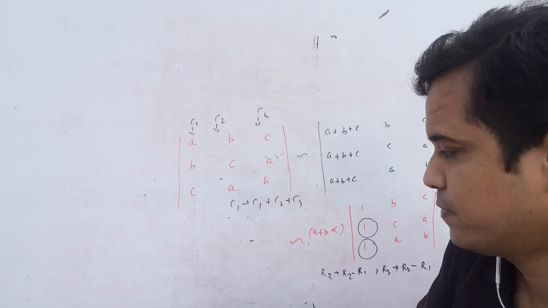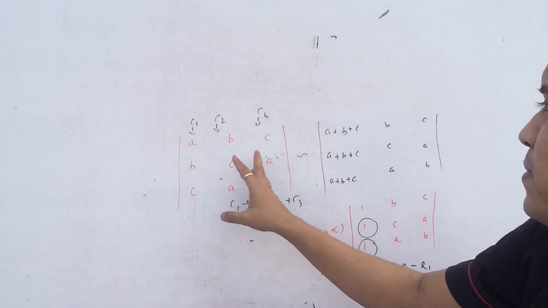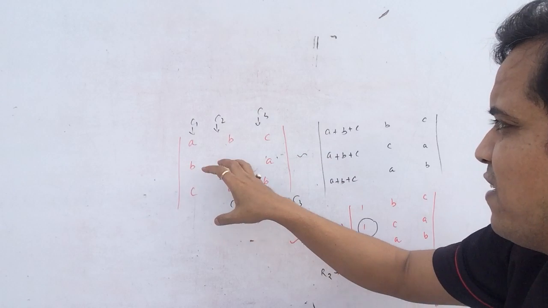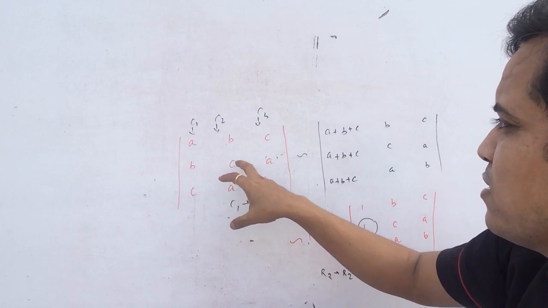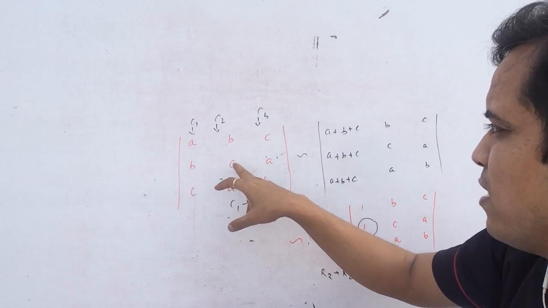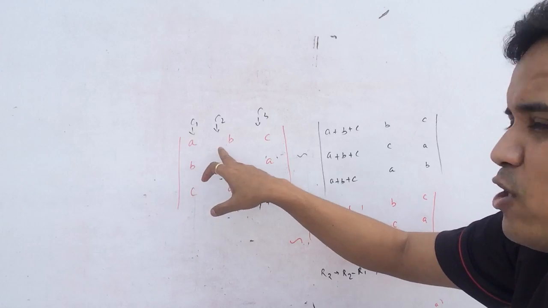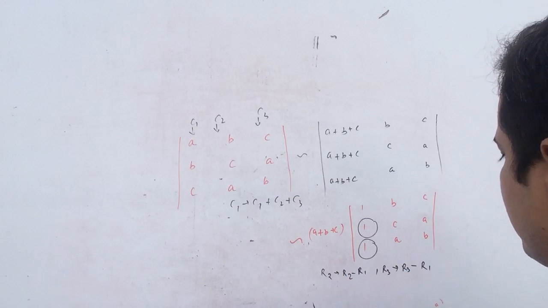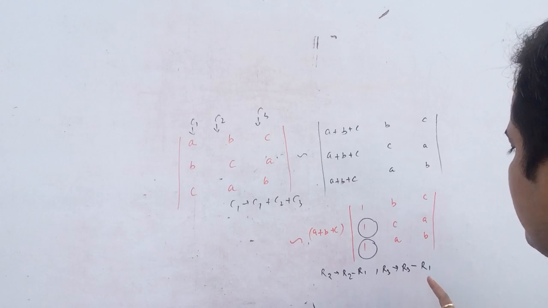So you will get the value. All right, I think I have done something wrong here. In the previous question, I told you something like R1 minus R2 instead of C1 minus C2. So correct that.